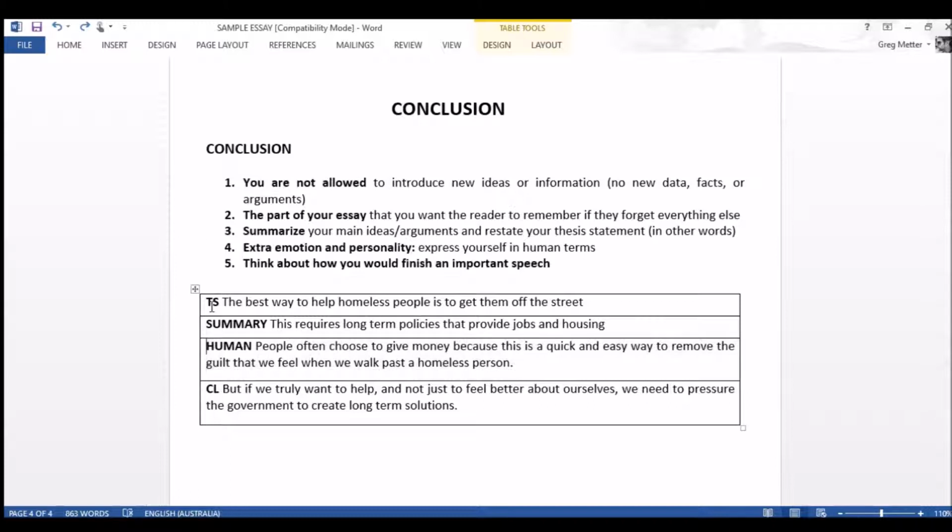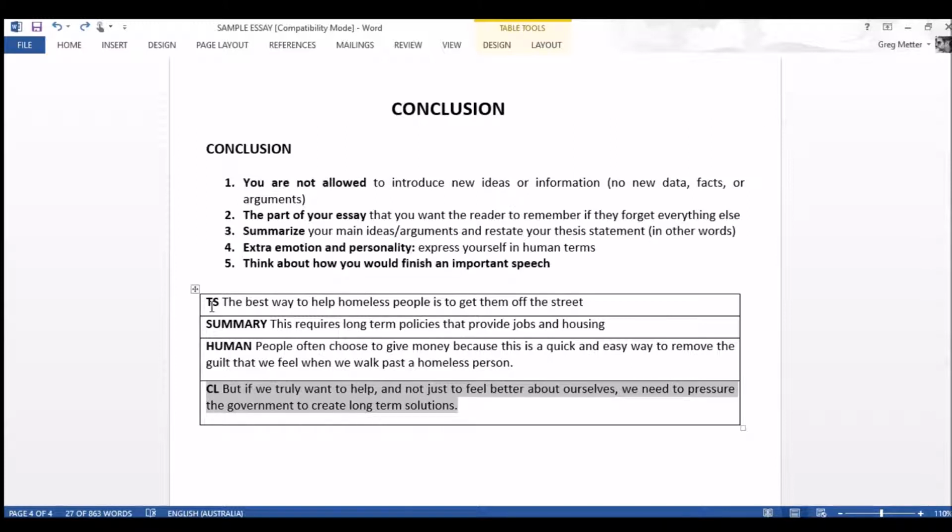So what I'm saying here in this human element is, I feel that people give money more to help their own conscience, to make themselves feel better, than to really help the person, because real solutions must be long-term solutions. So this is the human element, it's to get the reader's attention. I then close by saying, if we truly want to help, and not just to feel better about ourselves, we need to pressure the government to create long-term solutions.